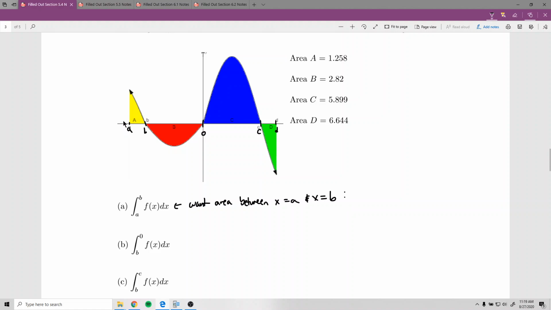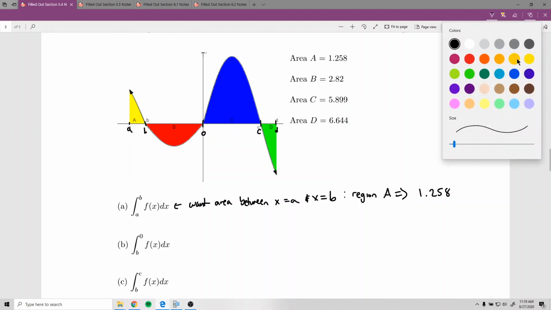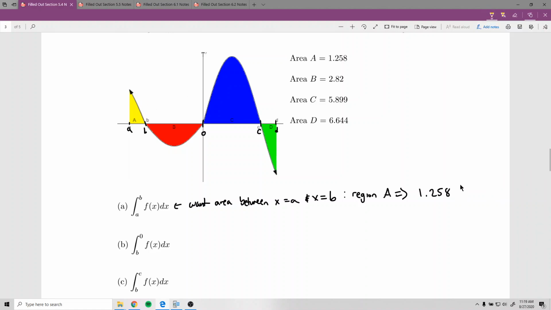If we look at the x values between a and b, that is region A in yellow. And the area of region A is 1.258. Since it is above the x-axis, it stays positive.